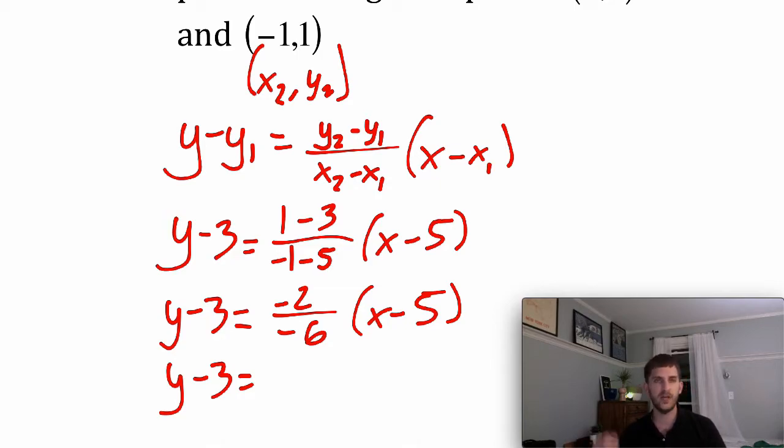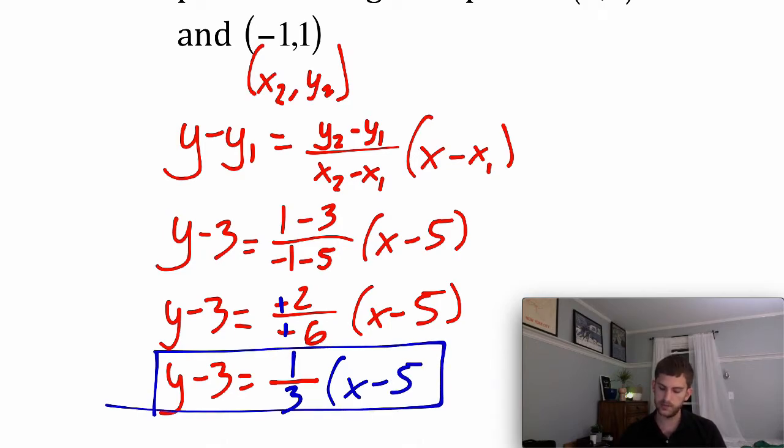Anytime you have a negative divided by a negative, you end up with a positive. So we can just focus on 2 divided by 6. They both have a common factor of 2, so if we divide both by 2, we end up with 1/3 times x minus 5. And that is one way to write that equation.